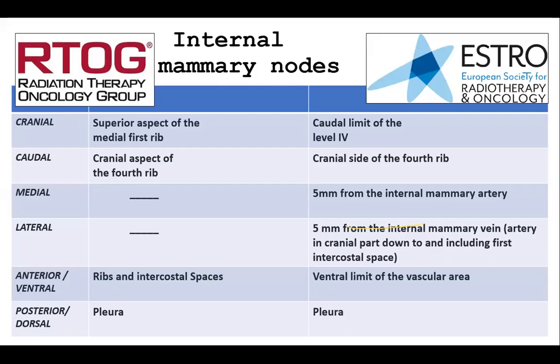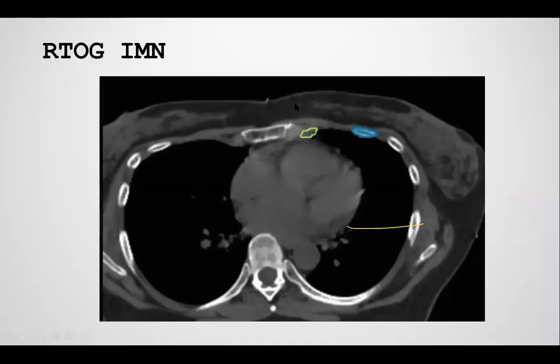What they include in RTOG is that for the anterior border they take the ribs and the intercostal space, and posteriorly they take the pleura. That means the volume is smaller. Only the space between the pleura and the intercostal muscles they will contour.